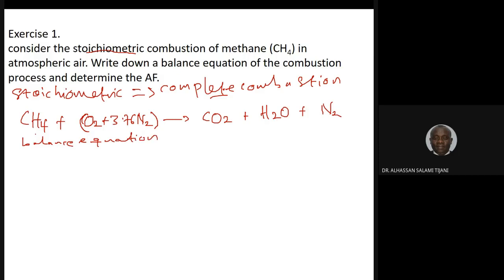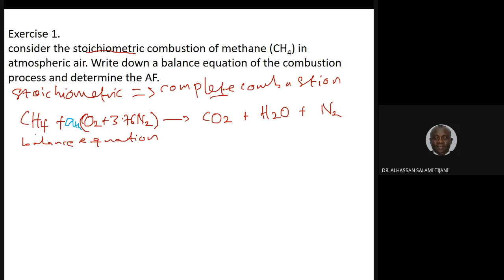How do we balance the equation? We don't know the stoichiometric amount of air participating in this reaction, so we represent it by A_th.